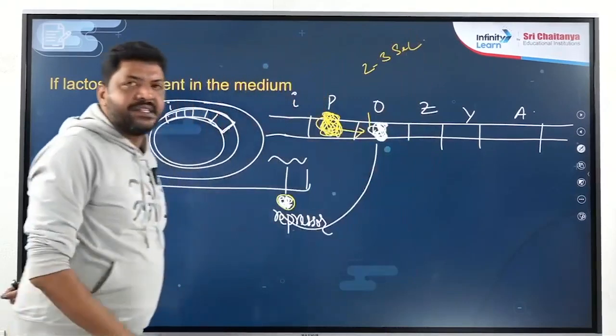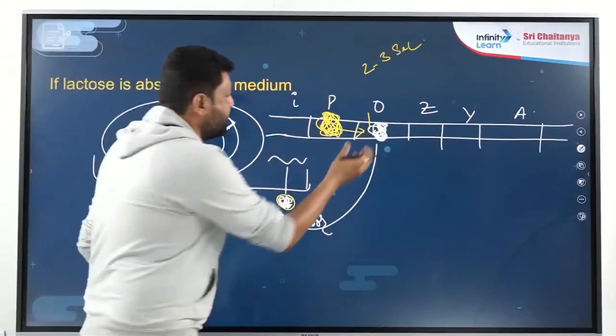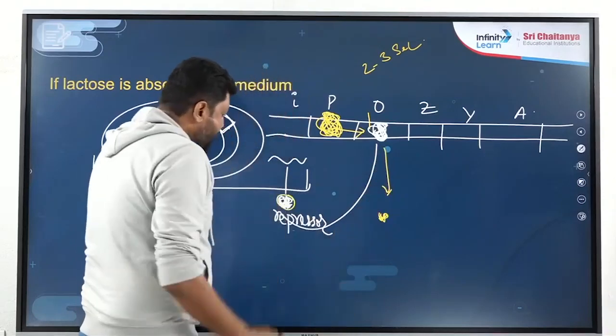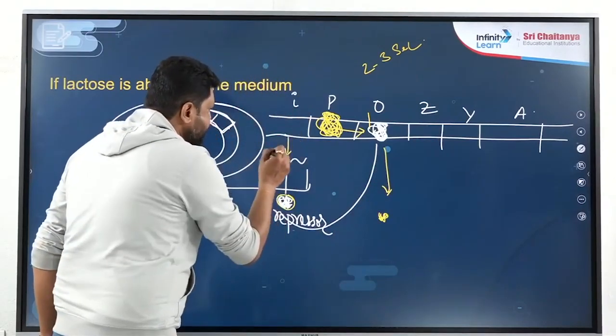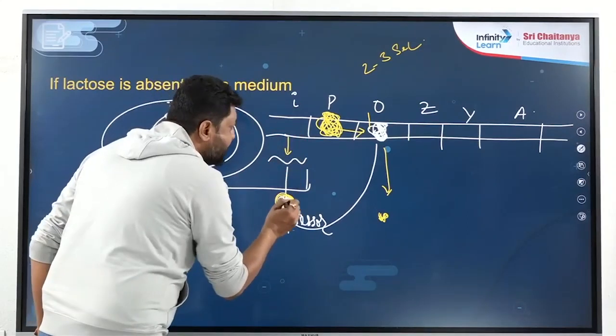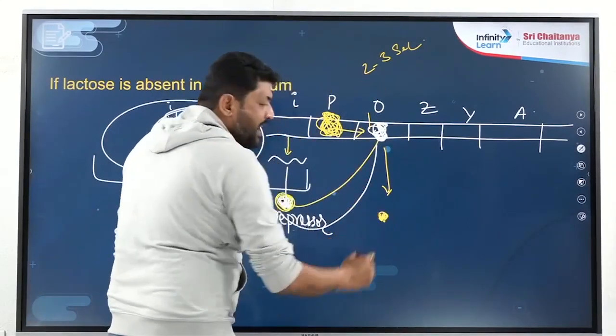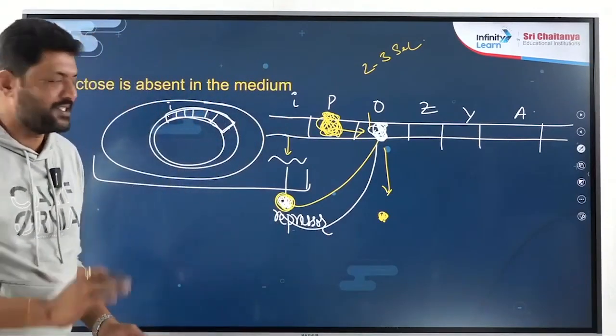After 2 to 3 seconds, the repressor falls off and detaches. Then the regulatory gene produces one more repressor, which binds again, and after 2 to 3 seconds it is detached.